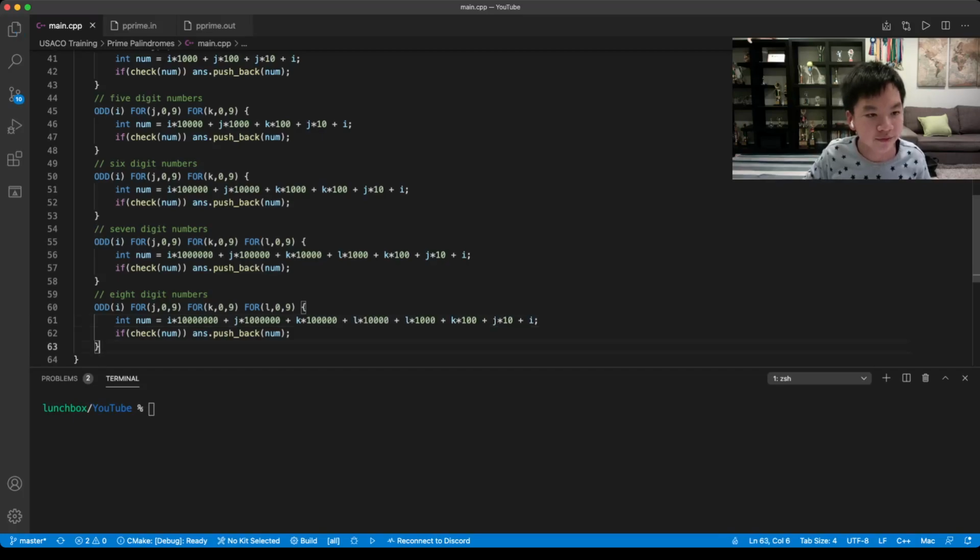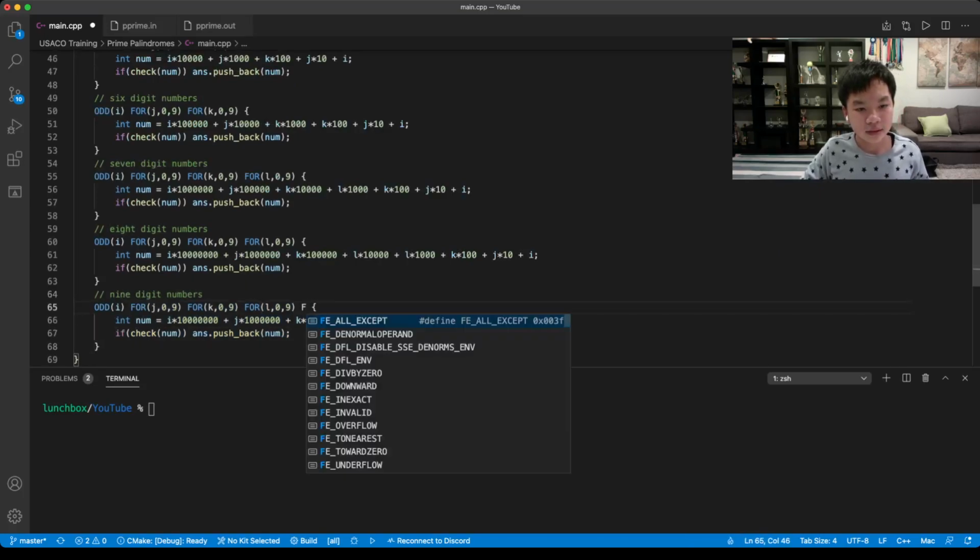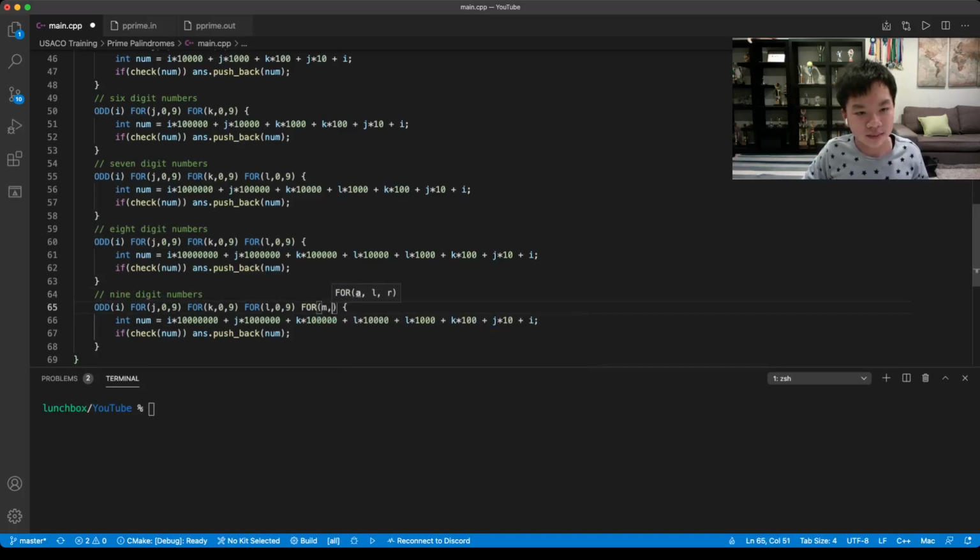Okay, for our last one, we have our 9-digit numbers. Okay, so 9, and then let's call this m. Then we would add another 1 as well. m times 11234.